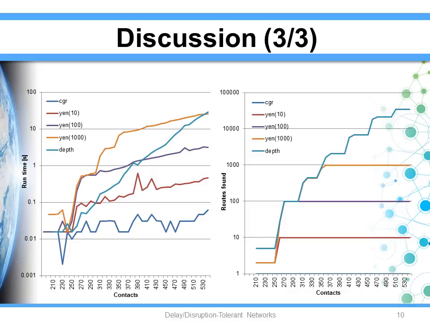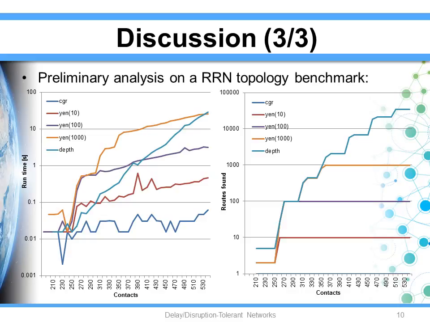So this is probably the most interesting analysis to show here. In this graph, we have used a benchmarking topology out of the ring road network benchmark we've been using for a while already. It's a complex topology, and even with very few contacts, where few means 530 contacts, it leads to a lot of possible routes to different destinations, and the combinatorial effect of different combinations of contacts is very big.